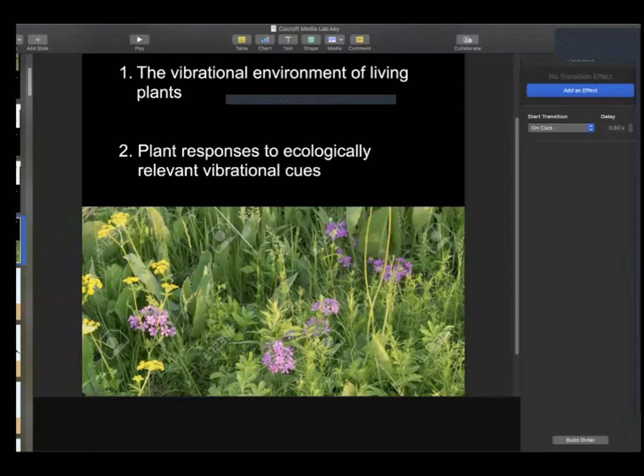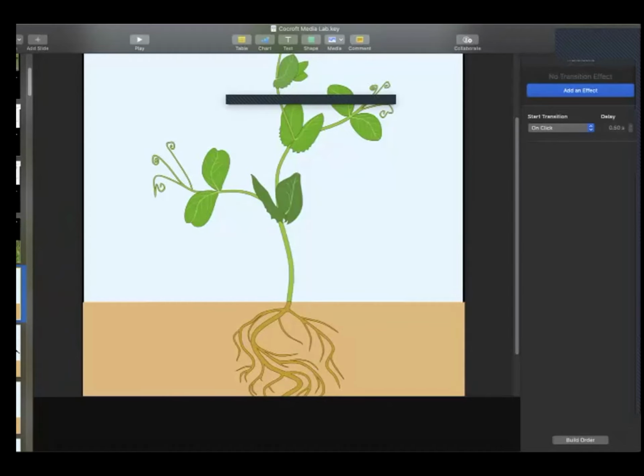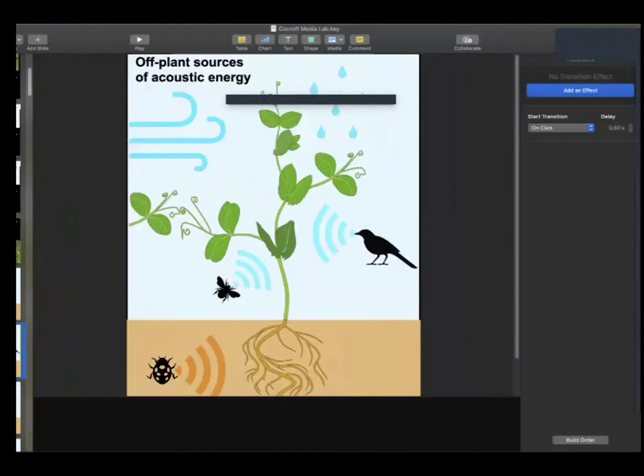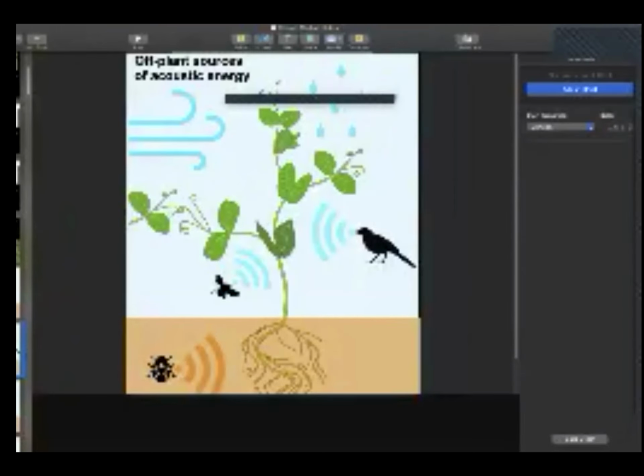If we can use this little idealized pea plant as our model, what are the sources of mechanical waves in this plant? Well, there are off-plant sources, such as wind or acoustic sources in the environment. We know leaves are very good absorbers of acoustic energy, rain, soil-borne insects, flying insects.